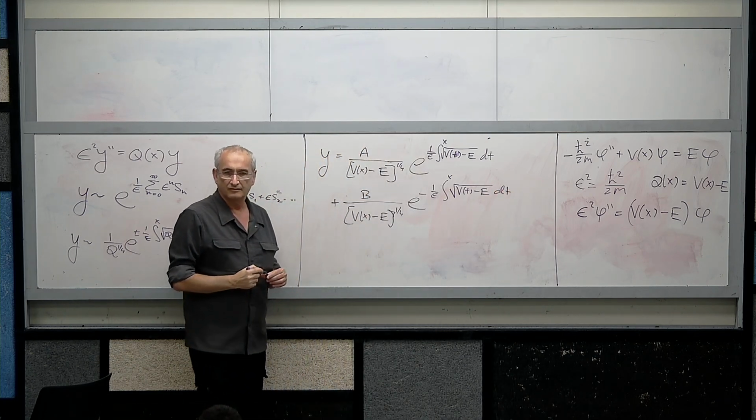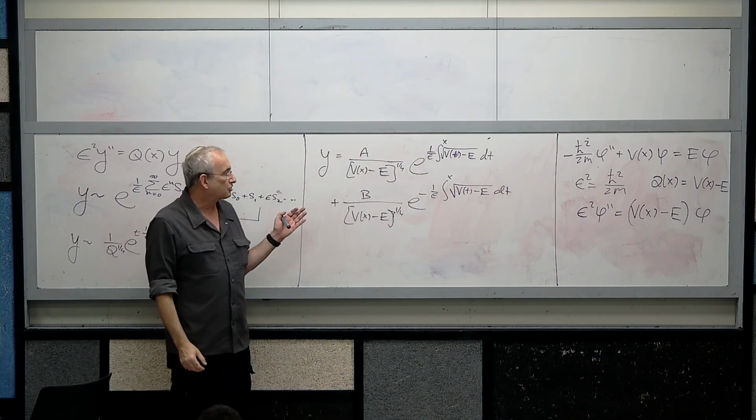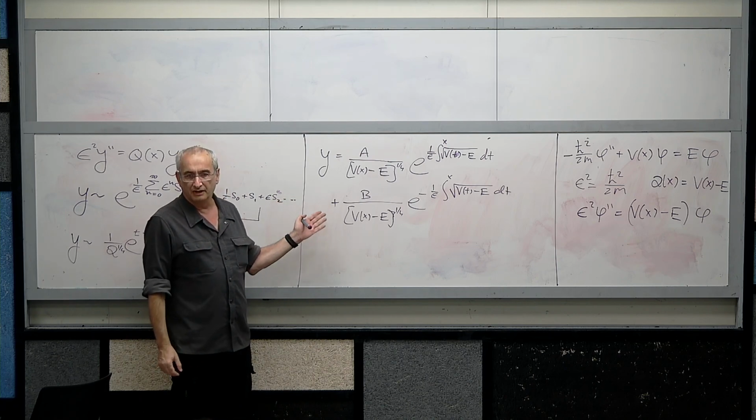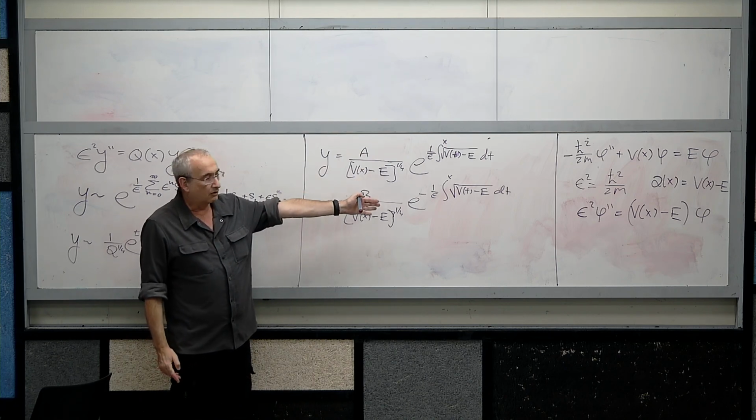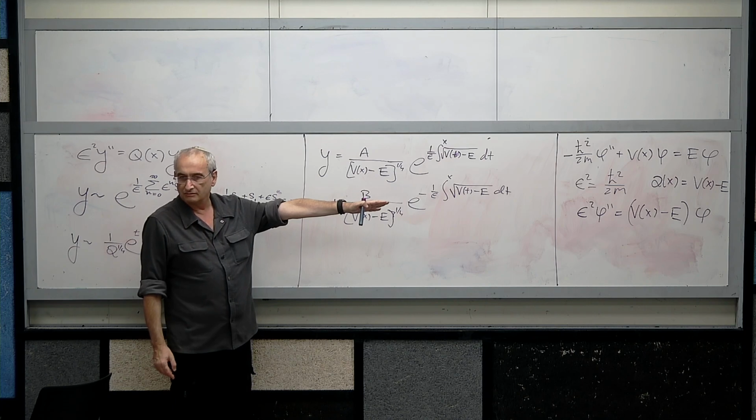This is the most general WKB solution of the Schrödinger equation.